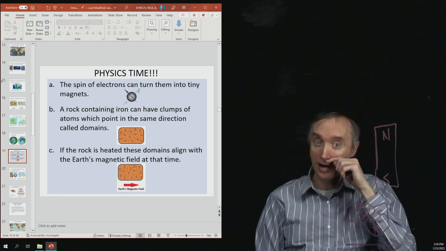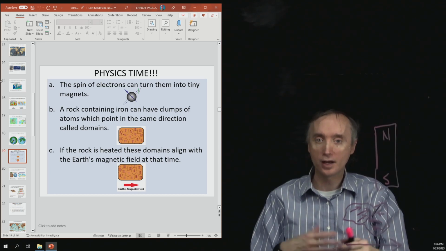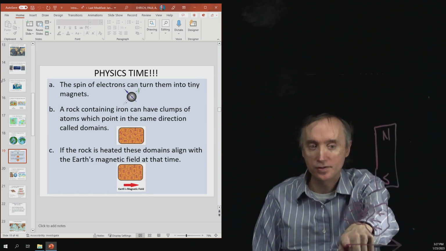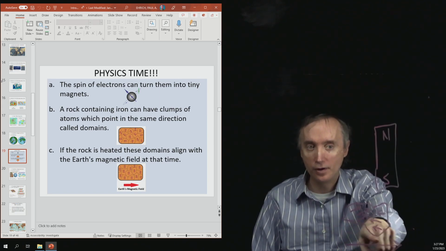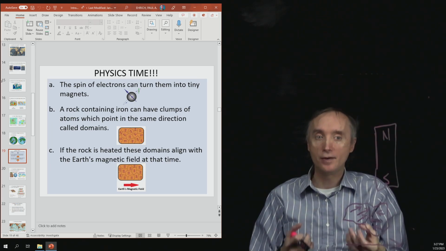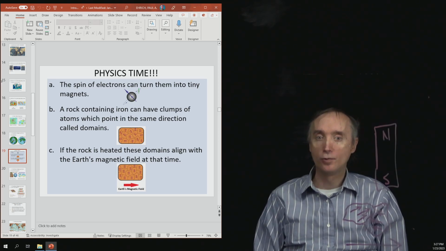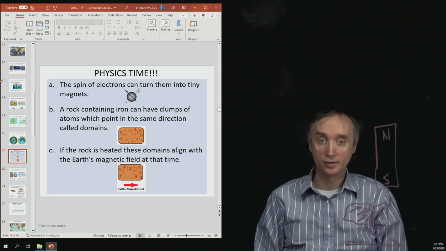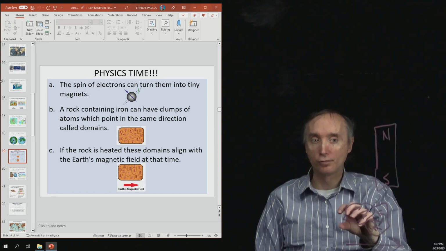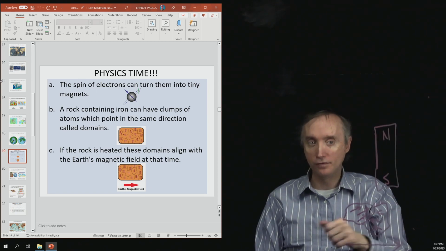And so if you've got these minerals and they are very, very hot, so they're all kind of in liquid form, and you put them in the exterior magnetic field of the earth, then as they start to cool off, they will align themselves with that external magnetic field, and they will become frozen in place, so that certain minerals in certain rocks have remnants of the magnetic field that existed when they formed.